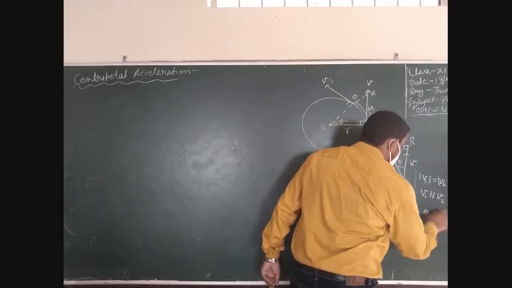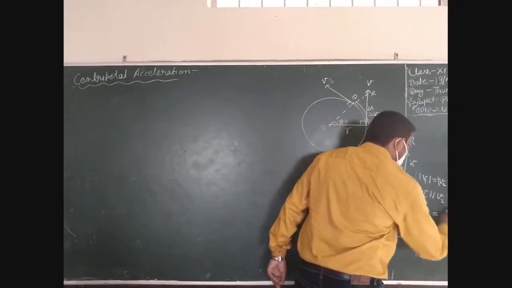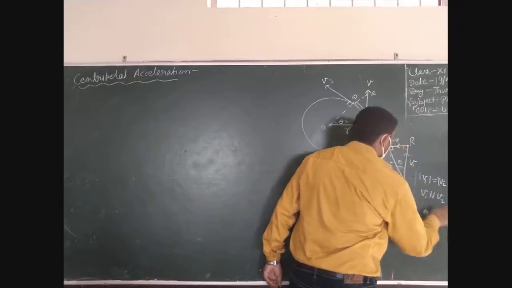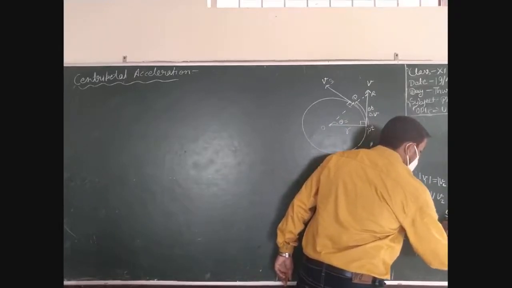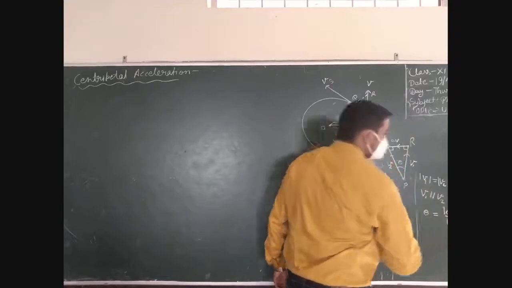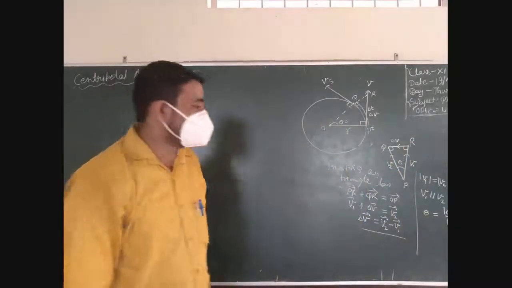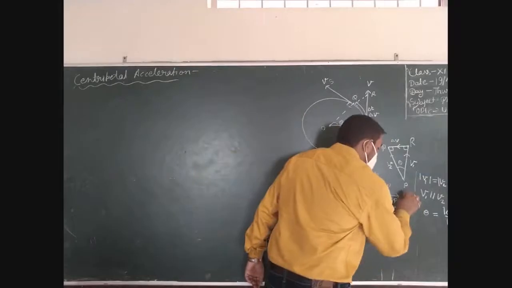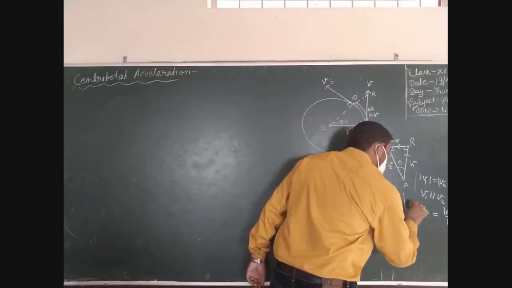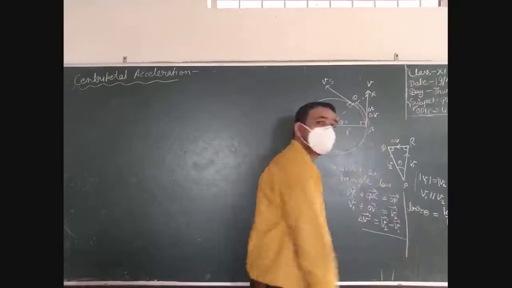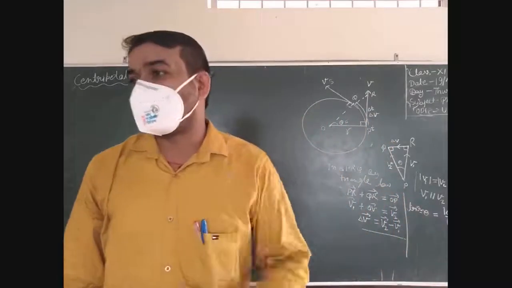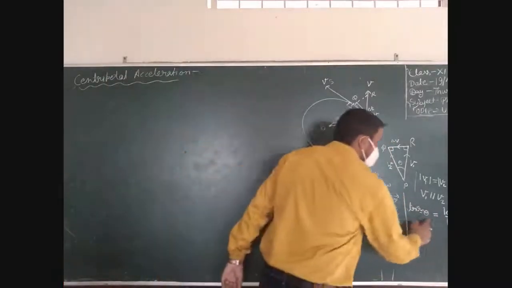Theta is equal to del v upon the magnitude of v. This is actually tan theta, and we take theta as a small angle, so this is taken as theta.